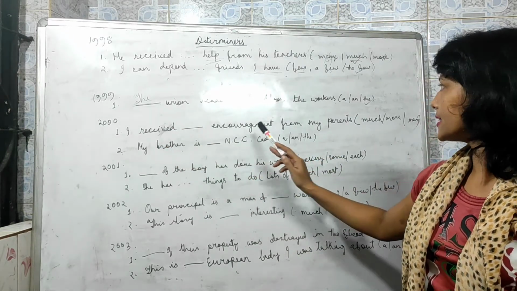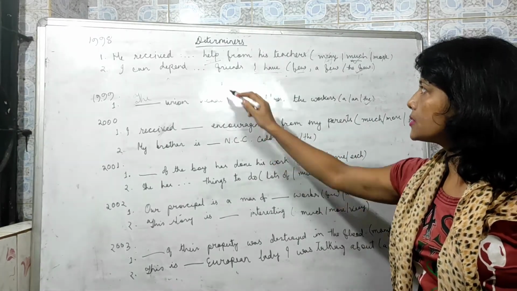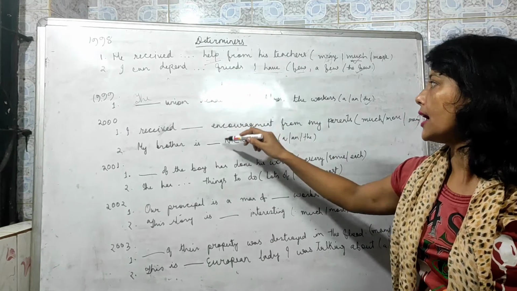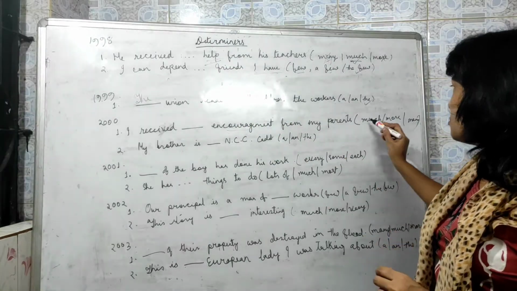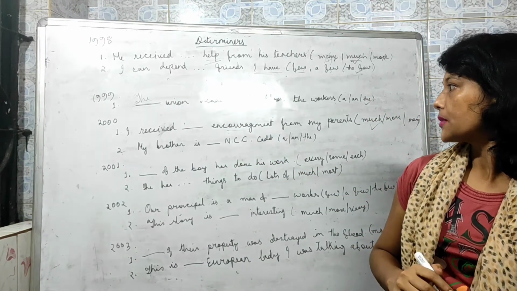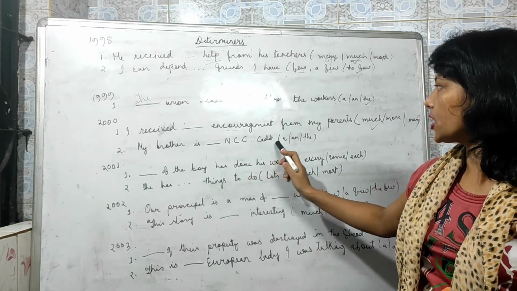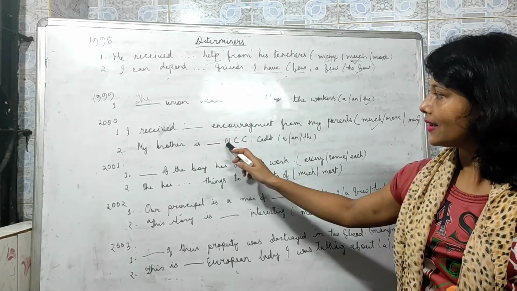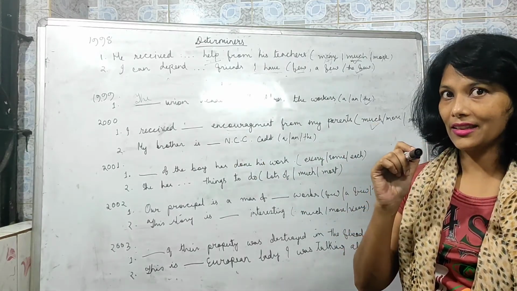In 2002, questions I have written down. I received dash encouragement from my parents. Here again, encouragement and help are uncountable. So before uncountable, what do you have to use? Much. Already I told you. Number 2: My brother is an NCC cadet. Before N we pronounce A-N.